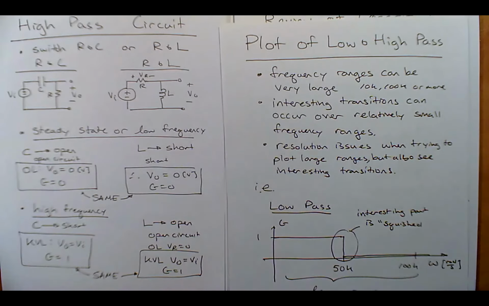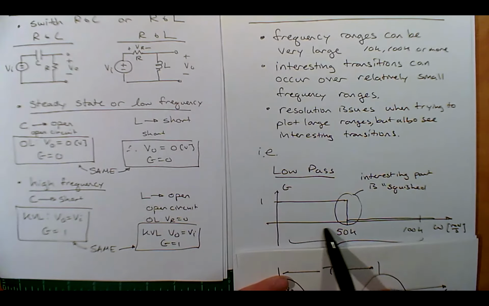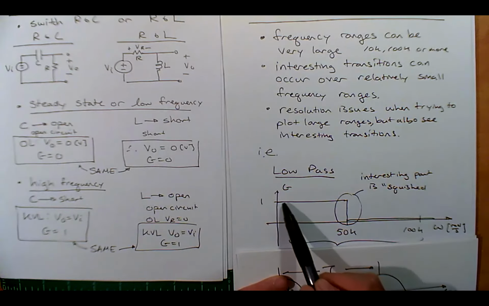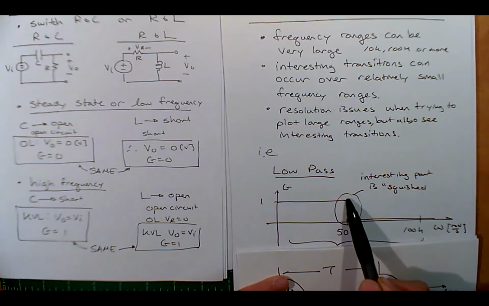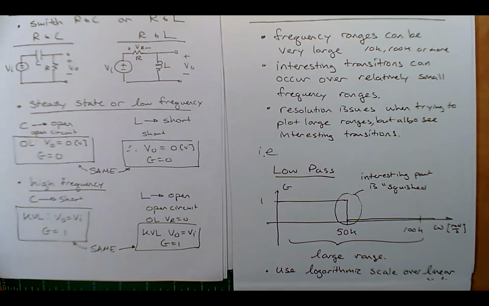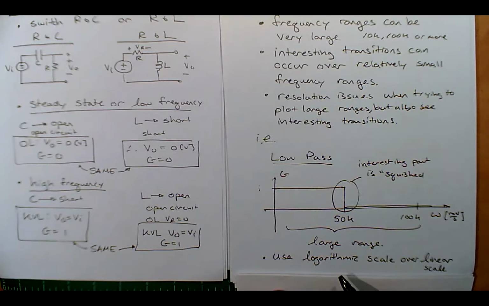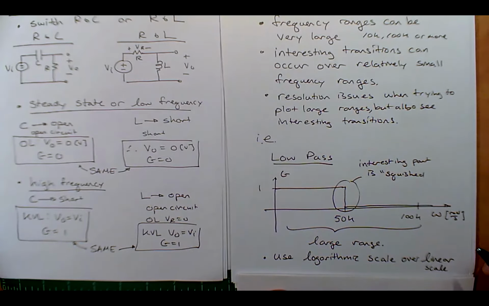And so here's an example of the problem, right? If we're plotting over a large frequency, you might see this, 1, 1, 1, 1, and then bang, it goes to 0. But the interesting part is squished, right? And so what we do in engineering and in industry is we use the logarithmic scale. And I believe you guys have seen these in your other courses, maybe fatigue plots, right?